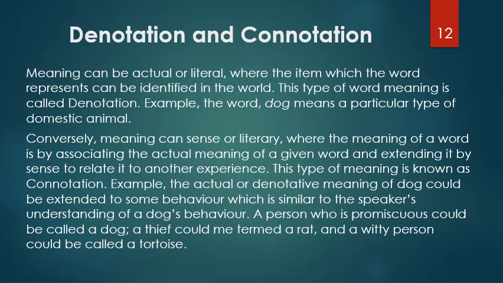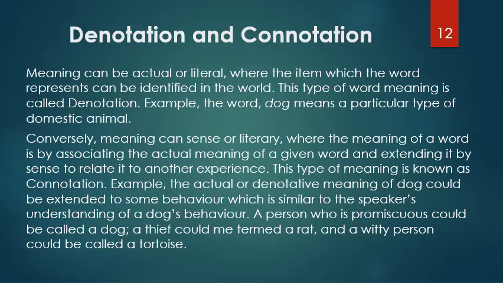Therefore, we are associating the knowledge or experiences we have about rats, that is their habits, with the denotative meaning. The second example could be the word fox. If someone is called a fox, it connotes that such a person is cunning or very clever.